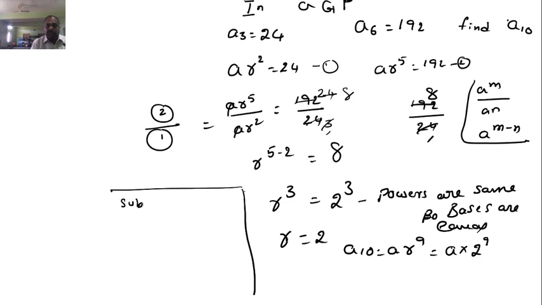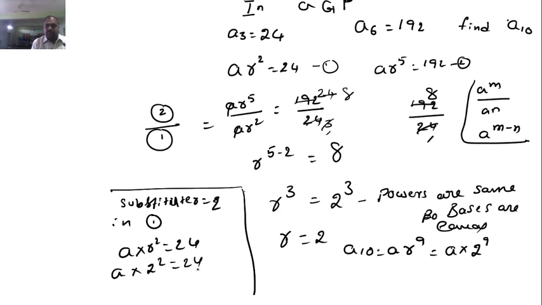Substitute r is equal to 2 in the first equation. a into r square is equal to 24. a into 2 square is equal to 24. a into 4 is equal to 24. a is equal to 24 by 4, that is equal to 6.